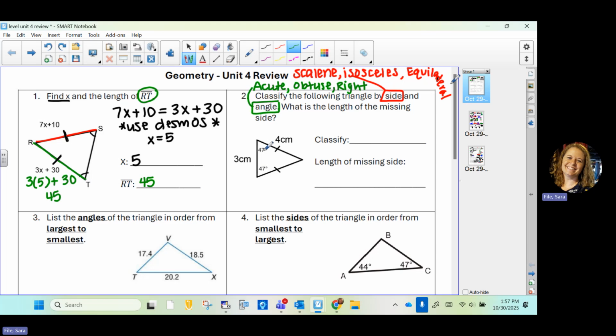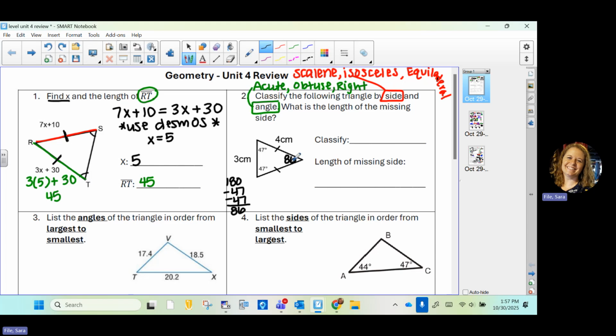Because I know 2 of the 3 angles, and the 3 angles have to add to what? 180, I can find that missing angle. I can do 180 minus 47 and see what's left. Or if you prefer to do 47 plus 47 first and then subtract that from 180, that's fine also. Either way, you get 86. So this angle is 86.